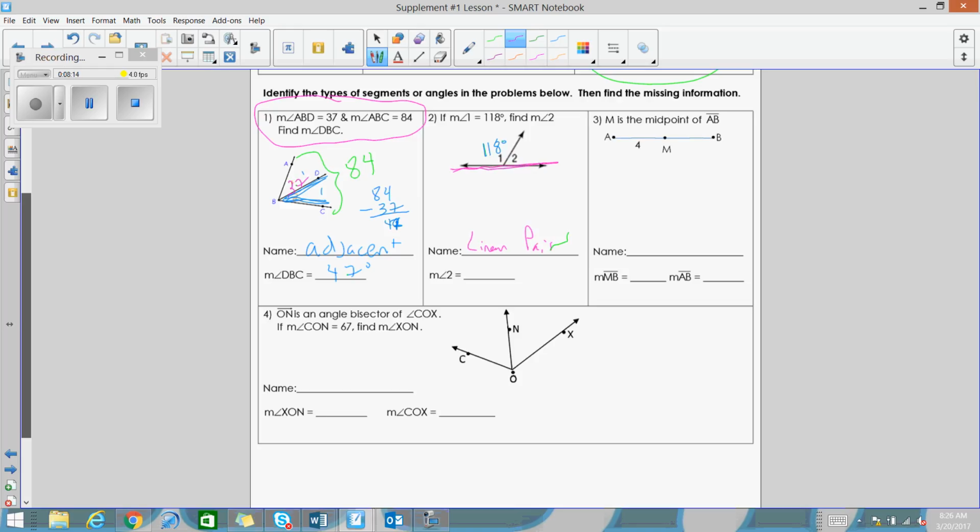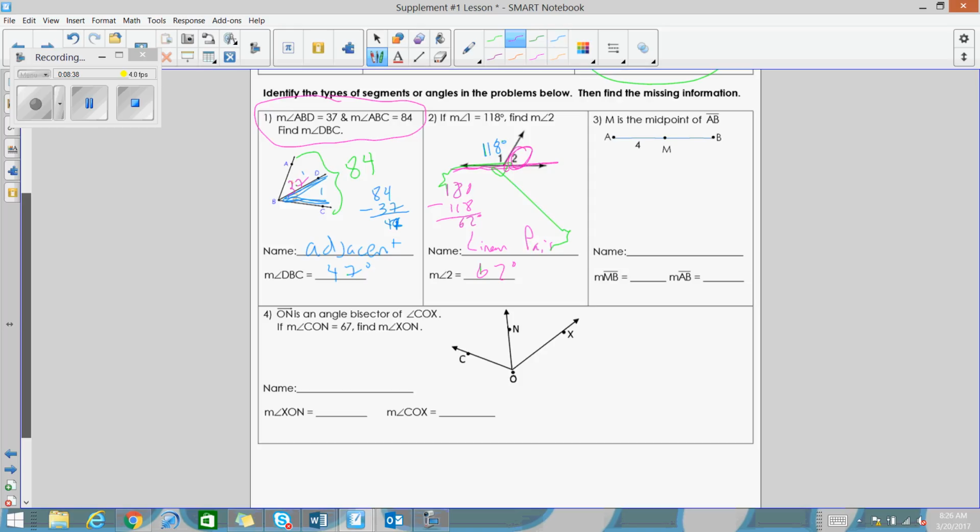And linear pairs add up to equal 180 degrees. So you're going to go 180 minus 118, and that finds you angle 2. It's going to equal 62 degrees, and that's using the definition of a linear pair. Those two angles are adjacent, they form a line, and they add up to 180 degrees.